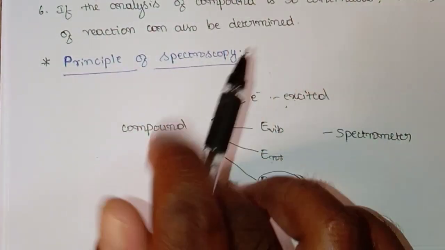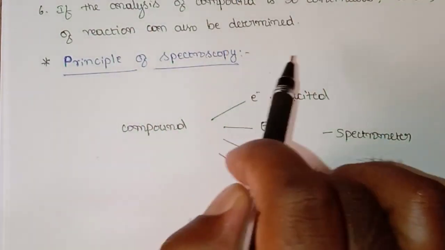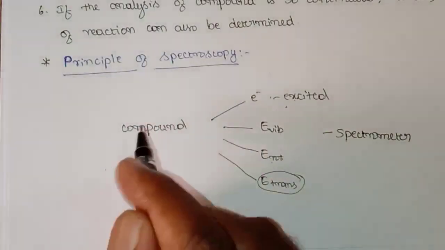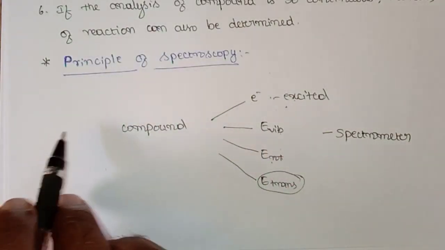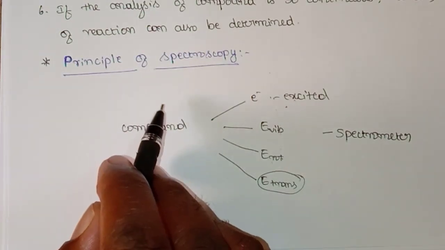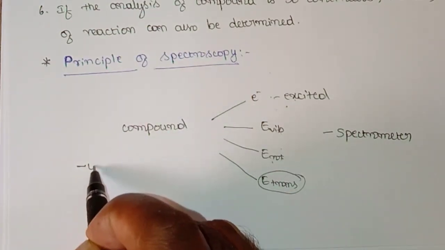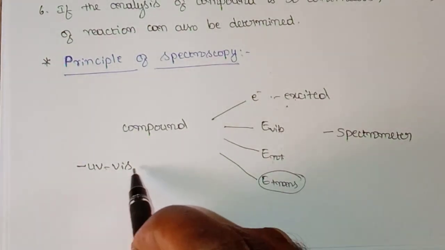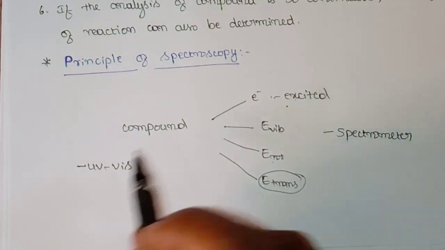In order to get information about a material, depending upon the type of radiation we pass into the sample, we have different kinds of spectroscopic techniques. If you pass UV or visible radiation onto the sample, we get UV or visible spectroscopy, since it causes changes in the electronic energy.